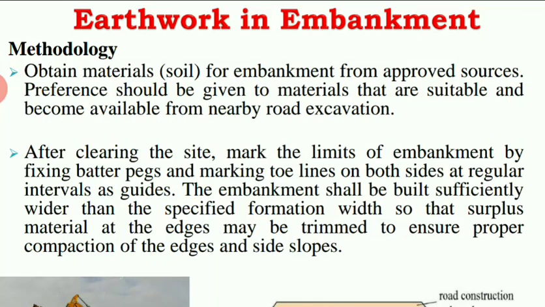Approved from the sources in the sense that they need to check the materials and certify whether these particular materials have certain properties or not, and based upon that they will decide whether this soil is fit to construct the embankment work or not. We will come to know that based upon the different tests conducted on the embankment material. So first we should get approval from the sources, and then we should go further with the construction.